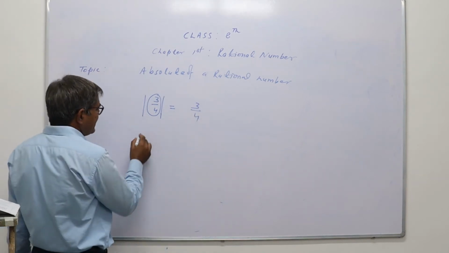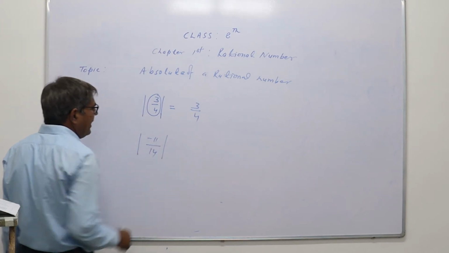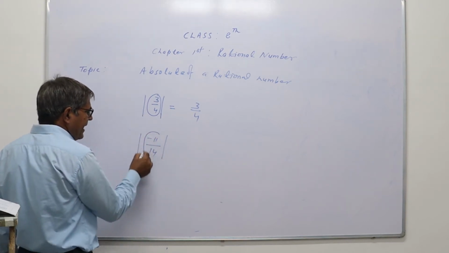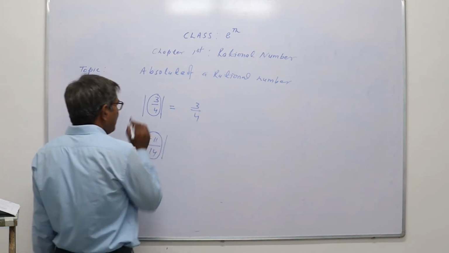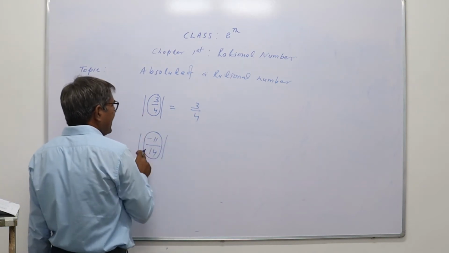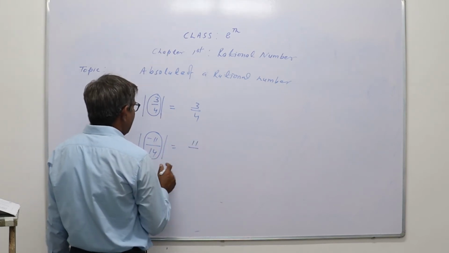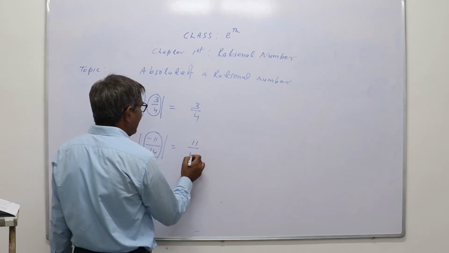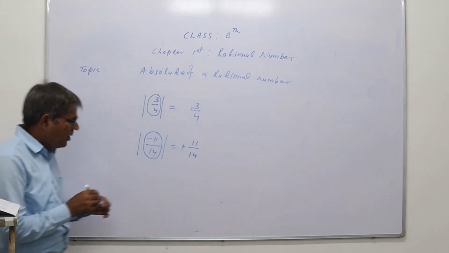If this rational number is minus 11 upon 14, then this minus 11 upon 14 is a negative rational number. So if the rational number is positive or negative, its absolute will always be positive. So minus 11 by 14 absolute will be 11 upon 14, that is positive 11 upon 14.